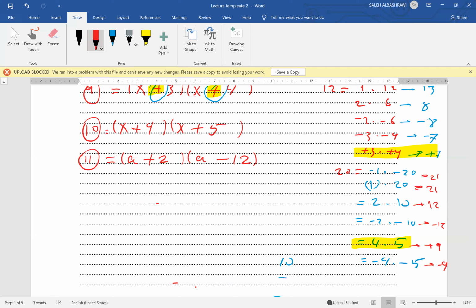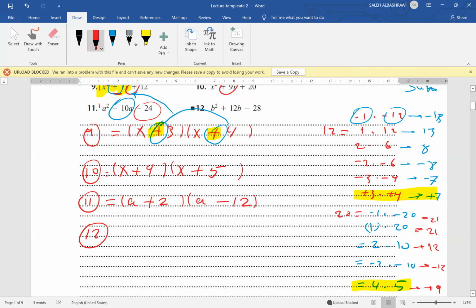Number 12. I have b squared plus 12b minus 28. Since the coefficient is equal to 1, this is b multiplied by b.